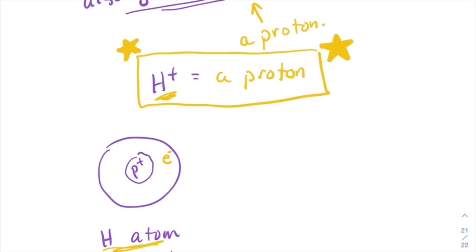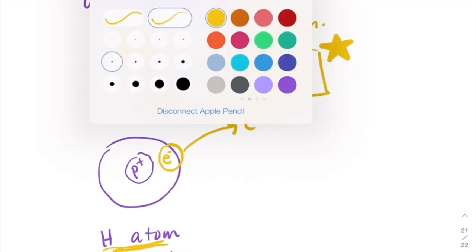All right, but think about what happens. Let's say that this hydrogen atom is a part of some other molecule. And if it's going to be oxidized, it loses an electron. Think about what happens if it loses that electron right there.